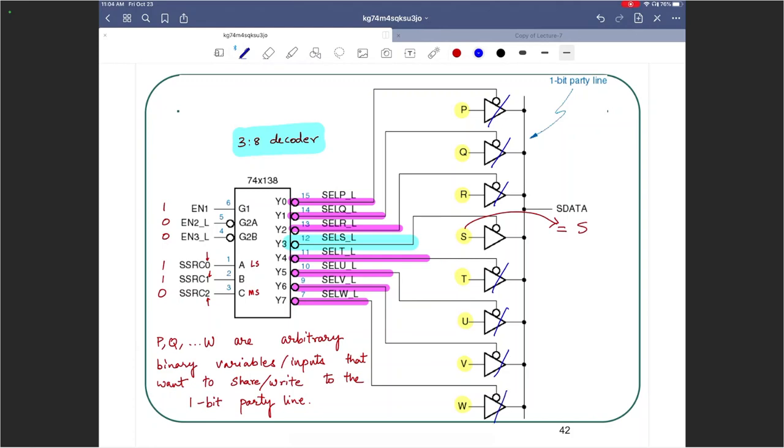Only the tri-state buffer that is enabled, which is this blue line here, only that particular input S will be able to go through to the party line. So that's the only thing that we will be able to write to S data.